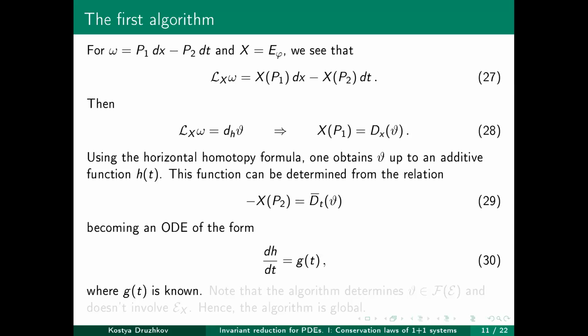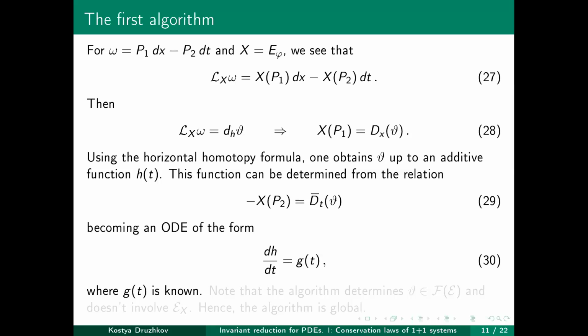So basically, our algorithm and our approach is seeking this function theta, not its restriction. It is looking for the function theta, but not its restriction to epsilon x. So we need to derive theta itself. Using the horizontal homotopy formula, one obtains theta up to an additive function of time, a single variable, and this function can be easily determined from the remaining relation following from formula 27.